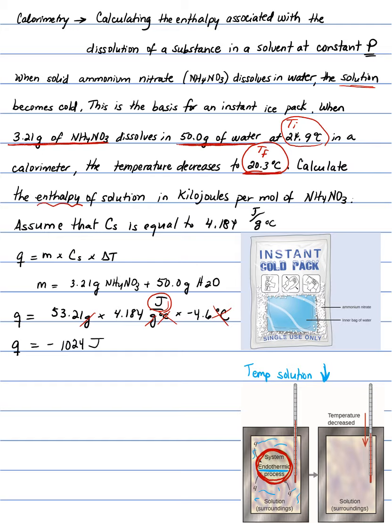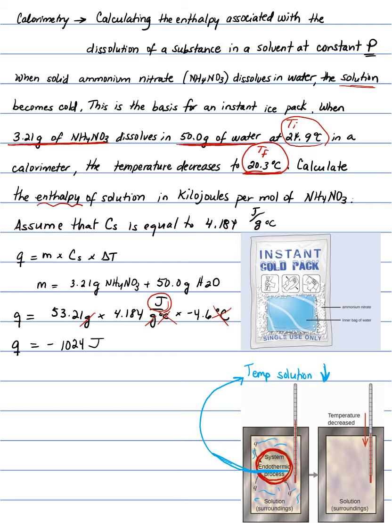the temperature for the solution decreasing means that the process that you're looking at is endothermic. The actual system is absorbing heat. Since the system is absorbing heat from the surroundings, your system is endothermic.